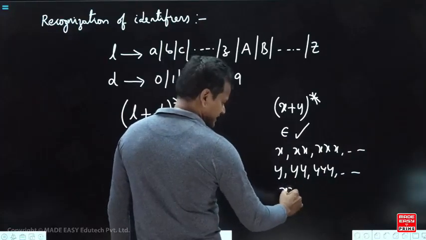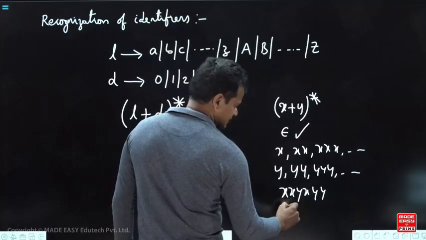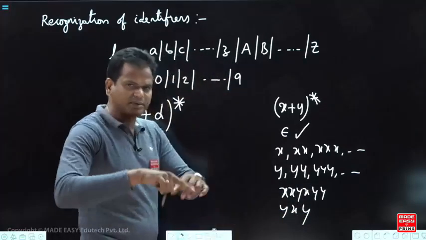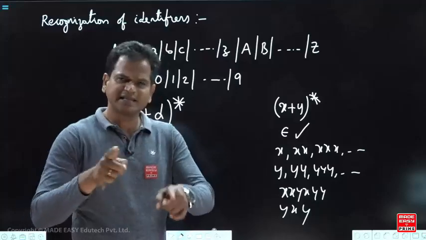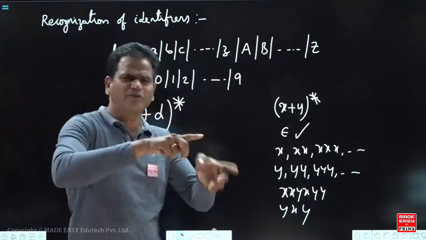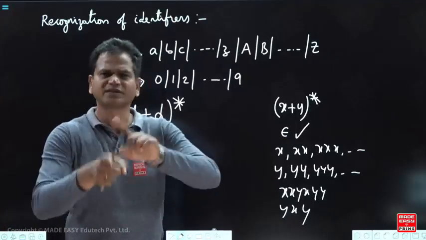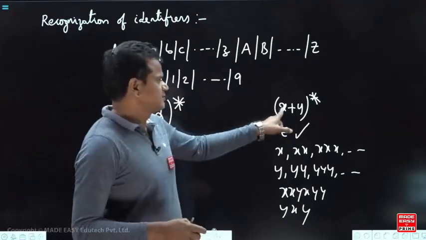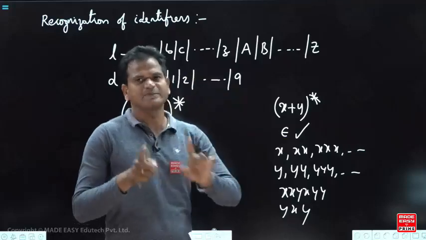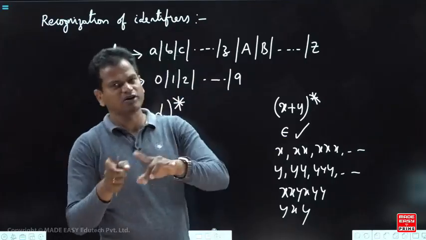First take x, again x, then y, or start with y, then x, again y, like this. Whatever string you can write using the combination of x and y comes from (x plus y) whole star. So the meaning of (x plus y) whole star is epsilon, only x, only y, or any combination of x and y.